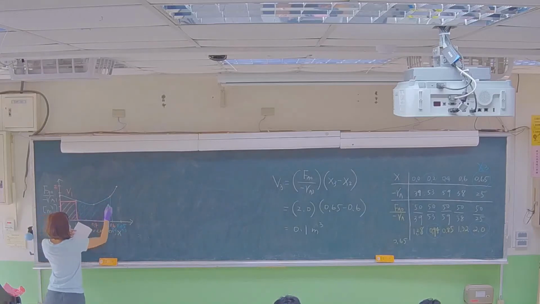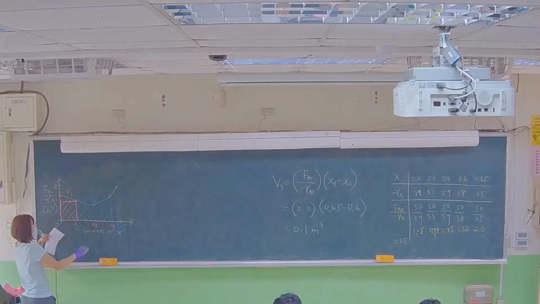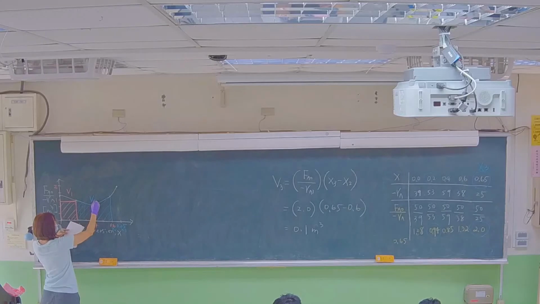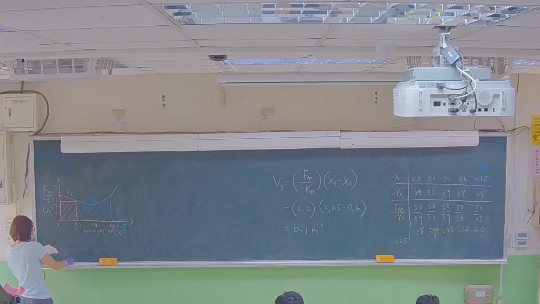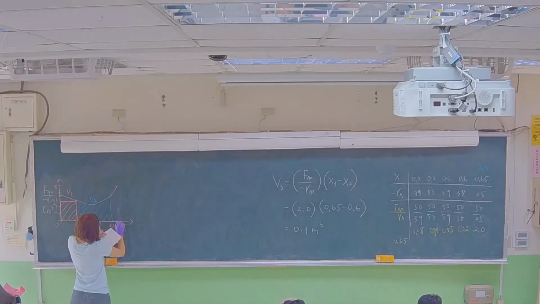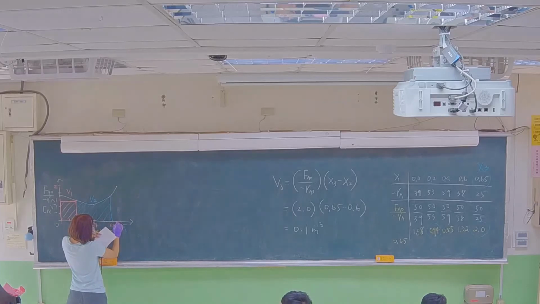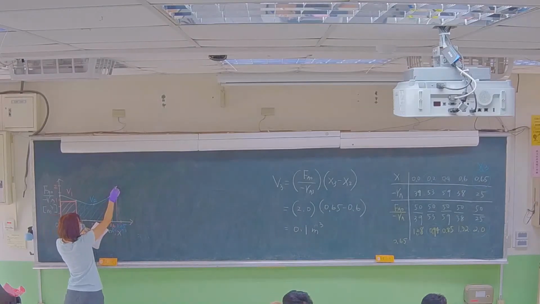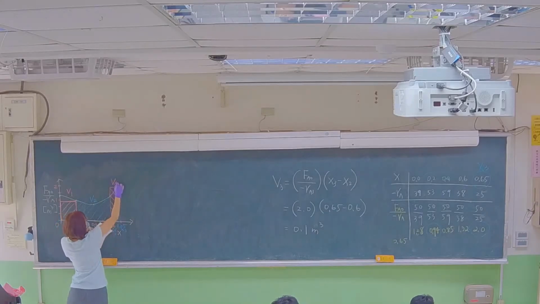This area is the volume of reactor 2, V2. Again, the last reactor, CSTR again. So V3.